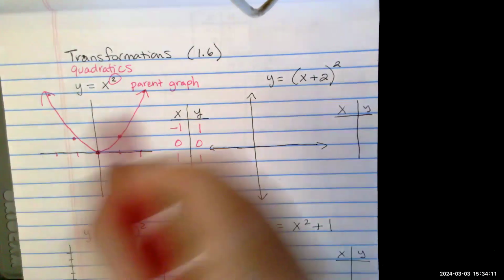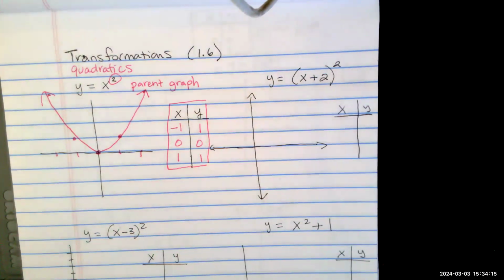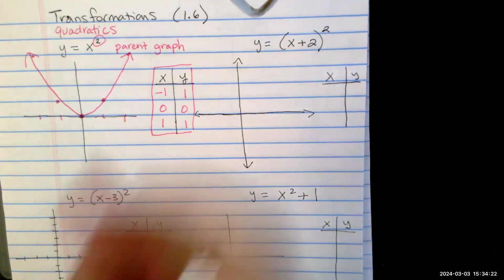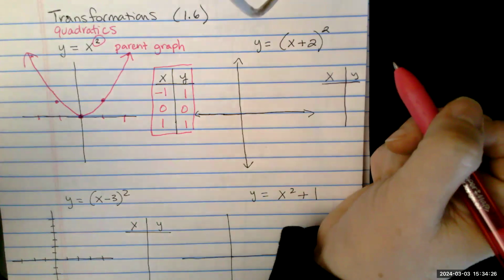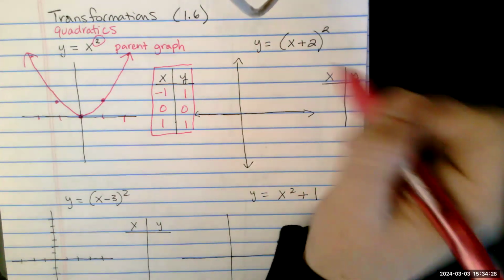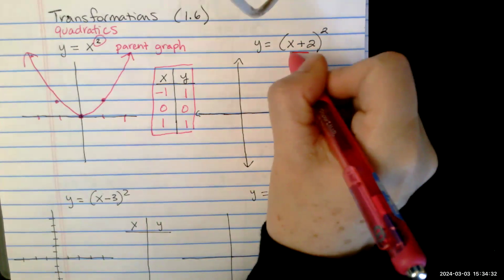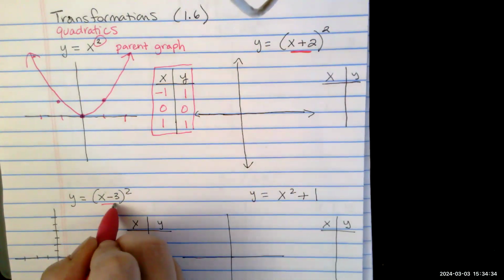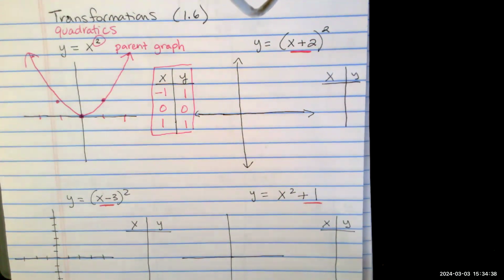And this is the table we're going to keep coming back to, to figure out what we should do with these transformations. So here is the first type of transformation. I'm going to keep saying that things are happening inside the function or outside the function. What I mean by that in this case is inside what is being squared. So this is considered inside. Here would be something happening outside because it's outside of the x squared.